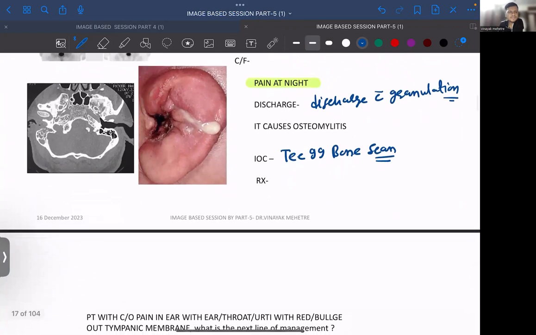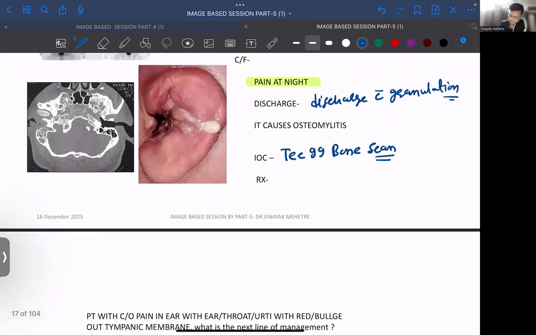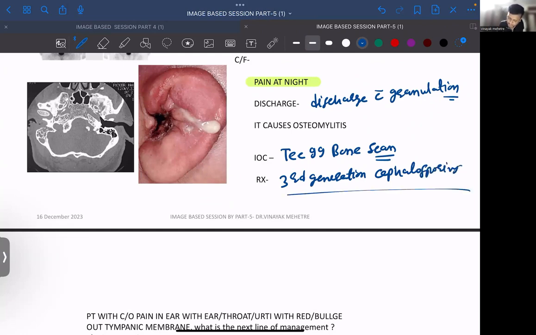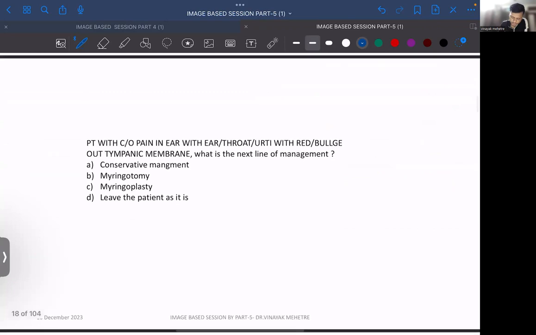ट्रीटमेंट पे क्या देंगे हम? Third generation cephalosporins. Okay, before giving any kind of antibiotic, what do we need to do? Basic question. Before giving antibiotic, what do we have to do? And try to solve this question with that question.